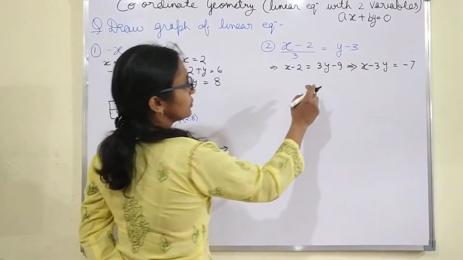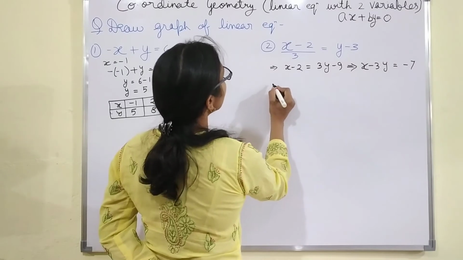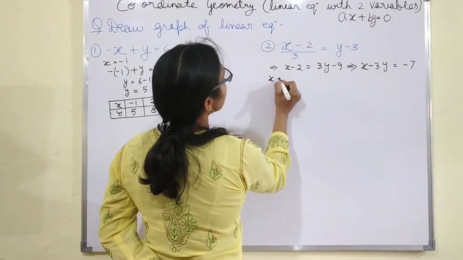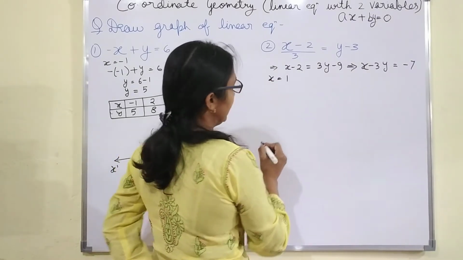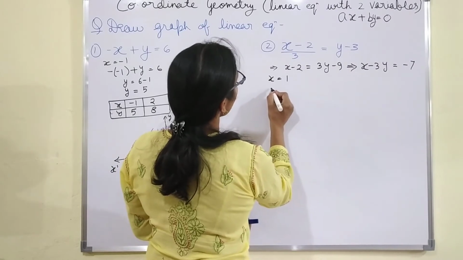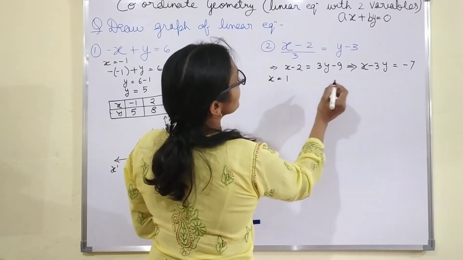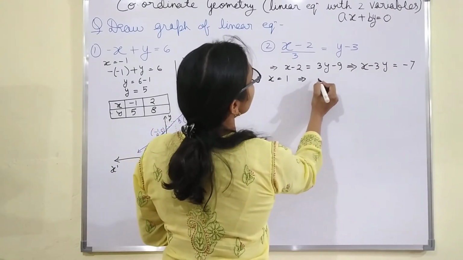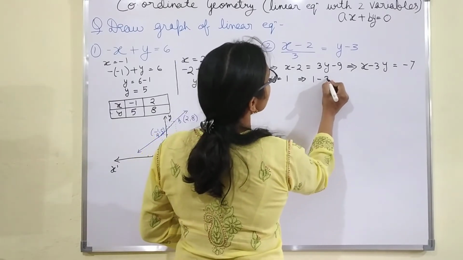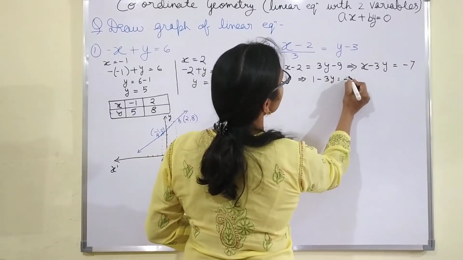Okay. So now we will substitute x equals to 1. So value will be 1 minus 3y equals to minus 7.